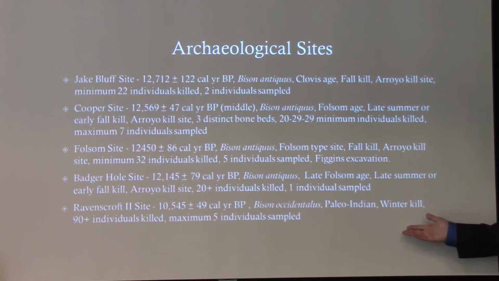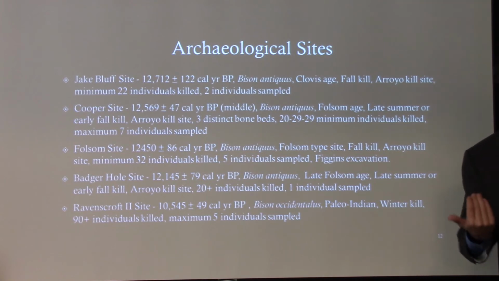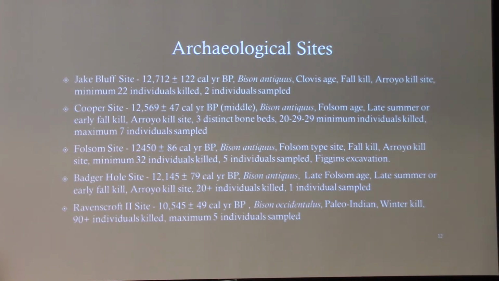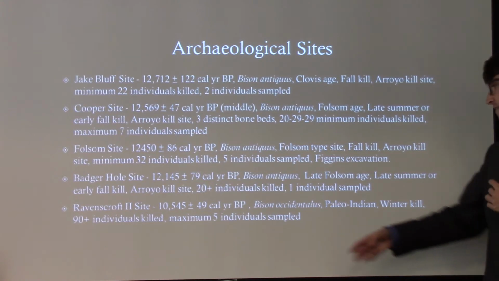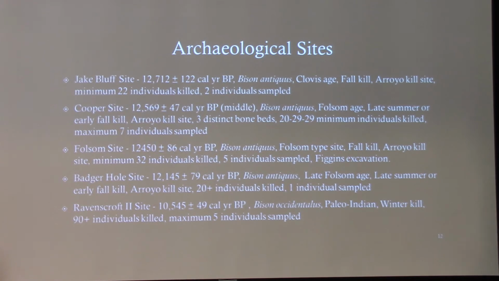And then my 5th site is the youngest. This is the Ravenscroft 2 site. It dates to 10,545 plus or minus 49 calibrated years before present. This is after the end of the Younger Dryas climatic event. We actually have that intermediate species, the Bison occidentalis, here.